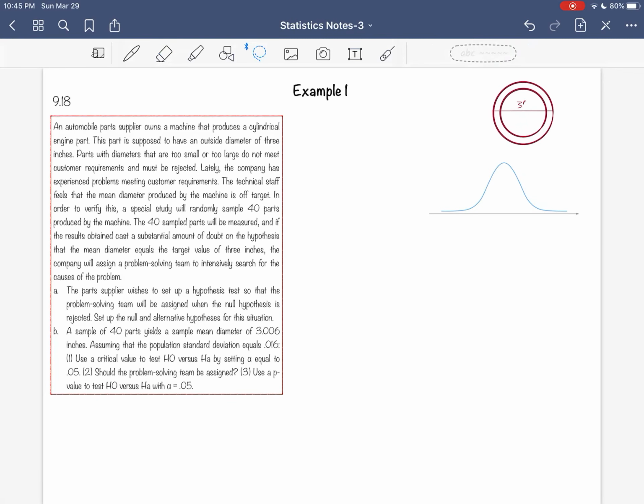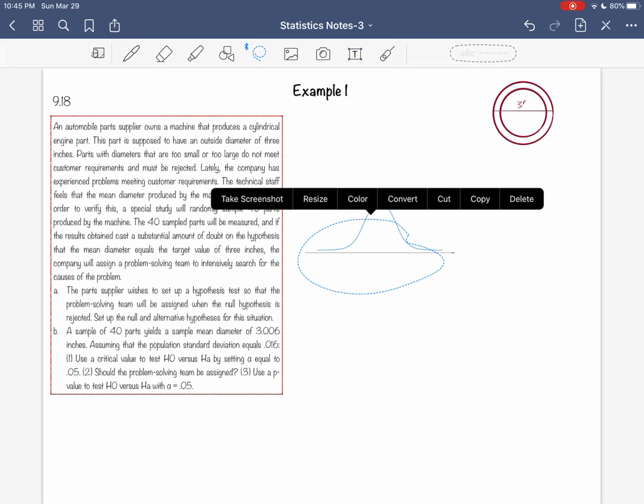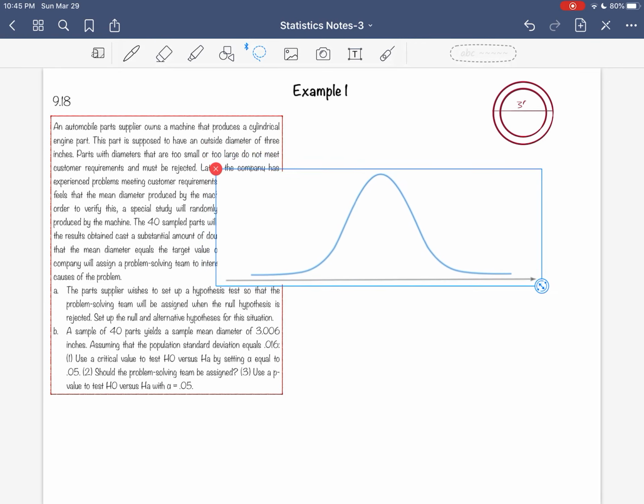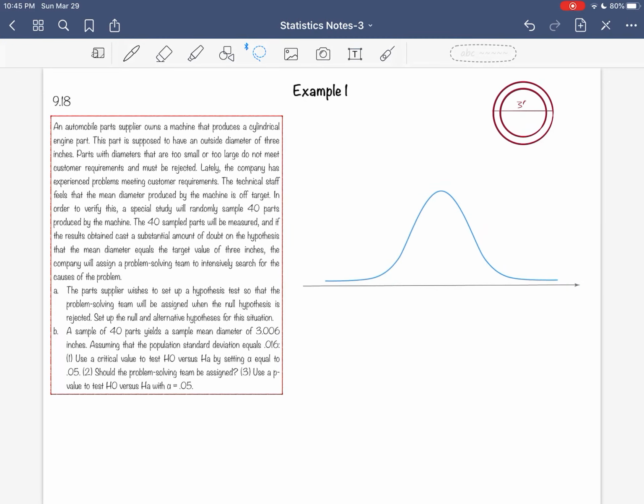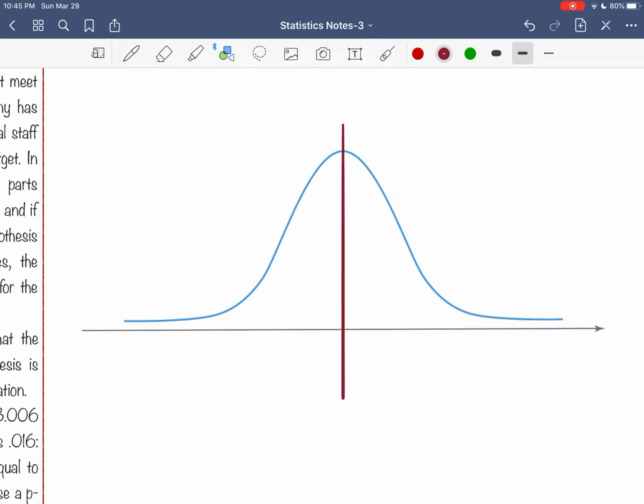And this one needs a good illustration, so we're just going to make this a little bit bigger, just like that. And so I'm just recreating what we've done before.